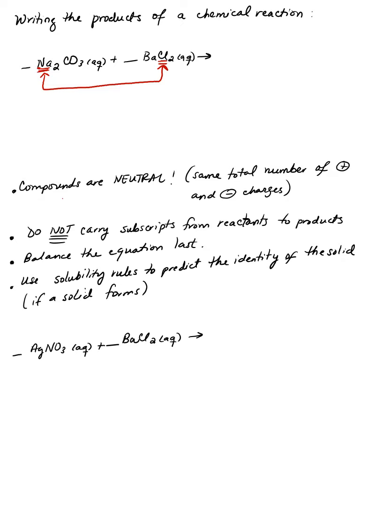I'm not writing down Cl2. I'm writing down Na and Cl. So that's my first possible combination, the positive with the negative. And now I'm going to check the remaining two.